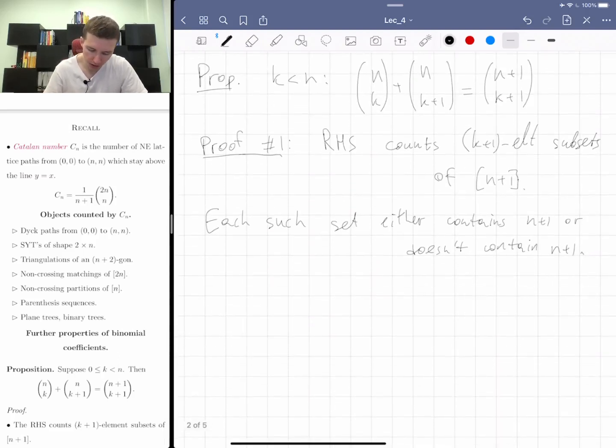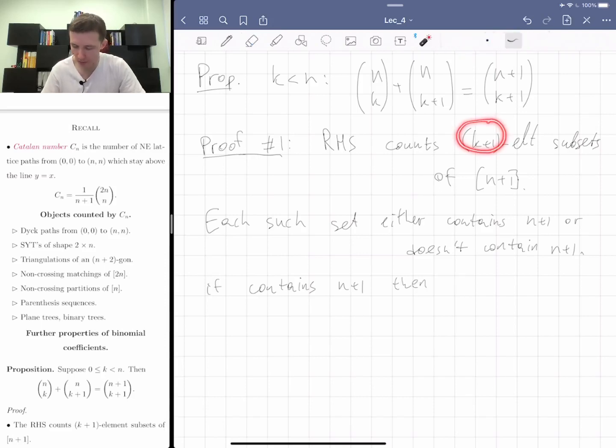So if it contains n plus 1, then you're supposed to choose a k plus 1 element set, and you know that it contains n plus 1, so there are n choose k options.